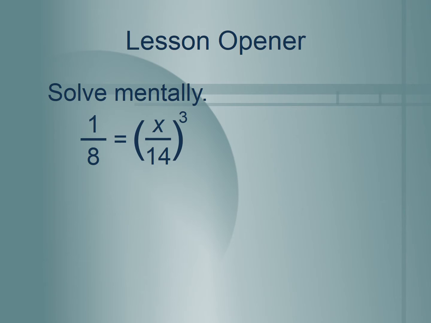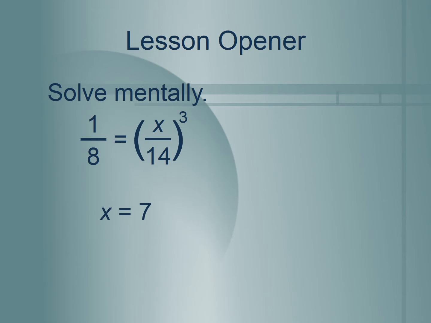Right, one more like that. I want 1 over 8 to be equal to x over 14 cubed. So this is really tricky because I want to cube something where my final answer is going to be 1 over 8. So this time it's going to be 7.